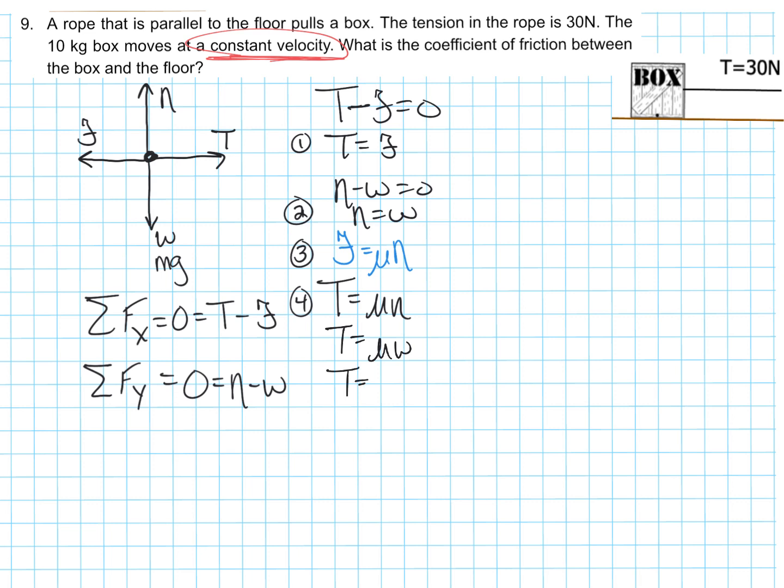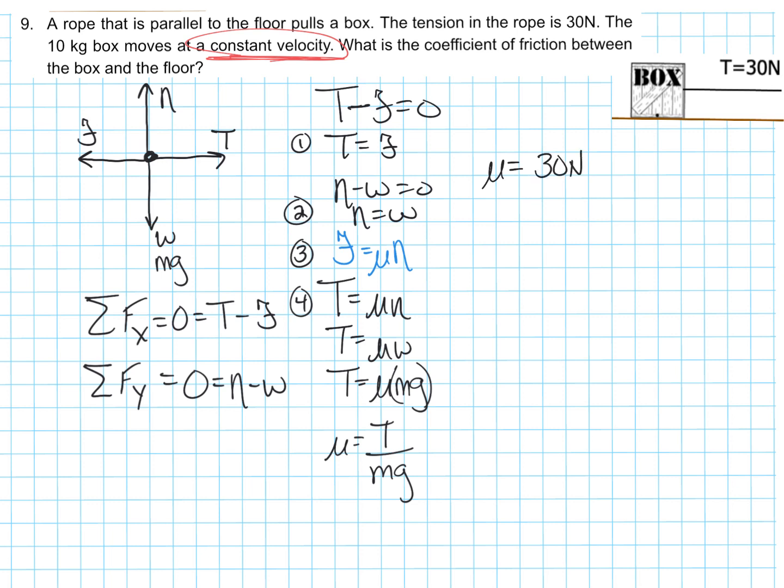Tension is equal to mu times mg. Now I need to isolate mu, so I'll put mu all by itself by dividing both sides by the mass and both sides by gravity. So I'm going to treat these as if they're one number. So that means that mu is equal to the tension over mg. So therefore, mu is equal to the tension, 30 newtons.